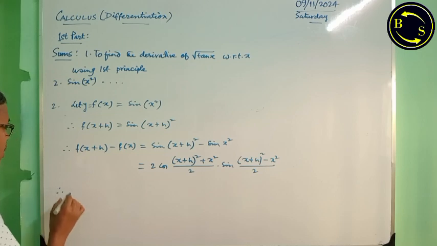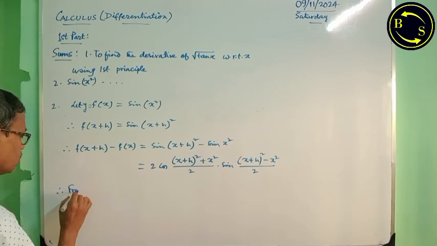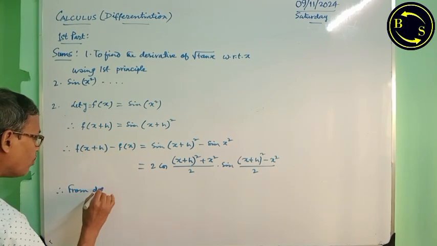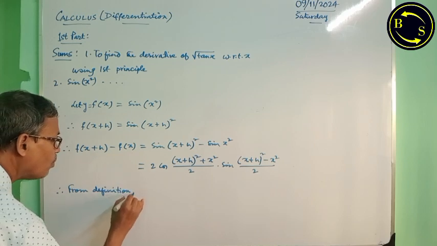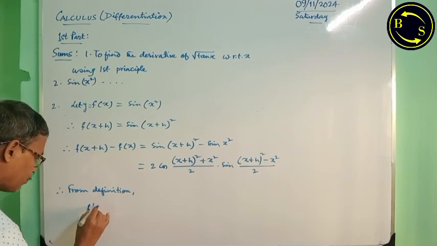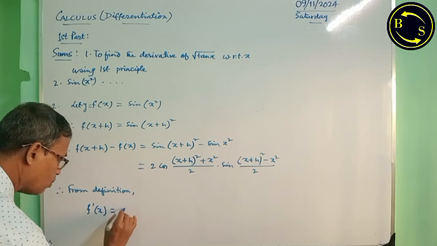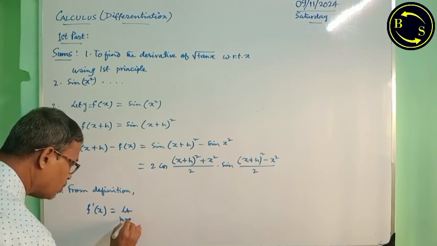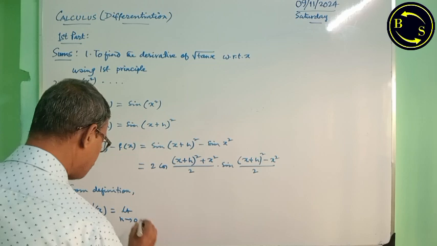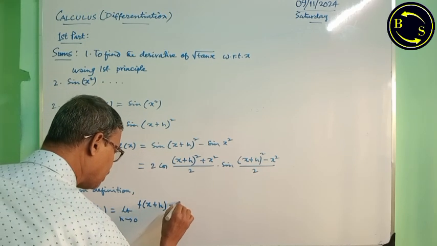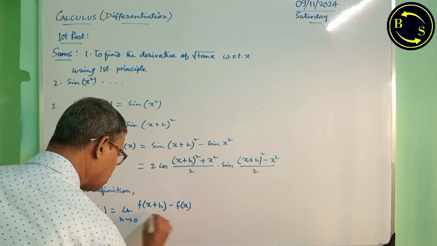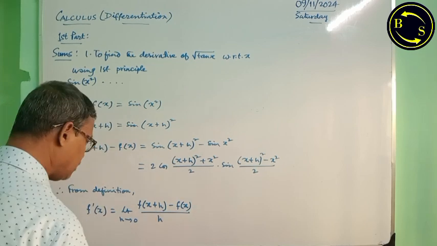Therefore, from definition, f dash x is equal to limit h tends to 0, f of x plus h minus f(x) divided by h.